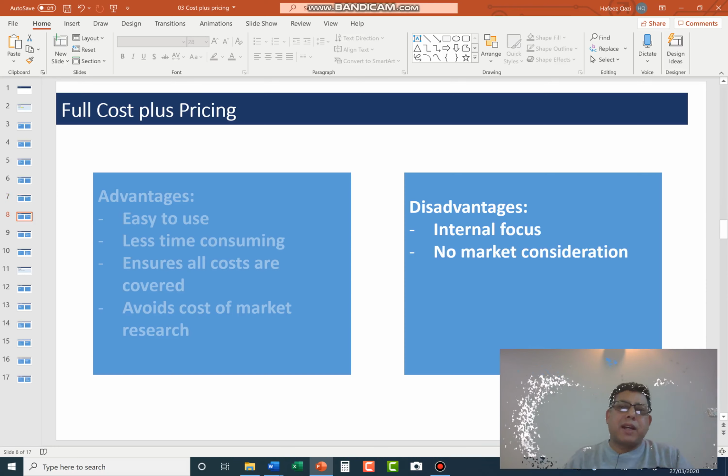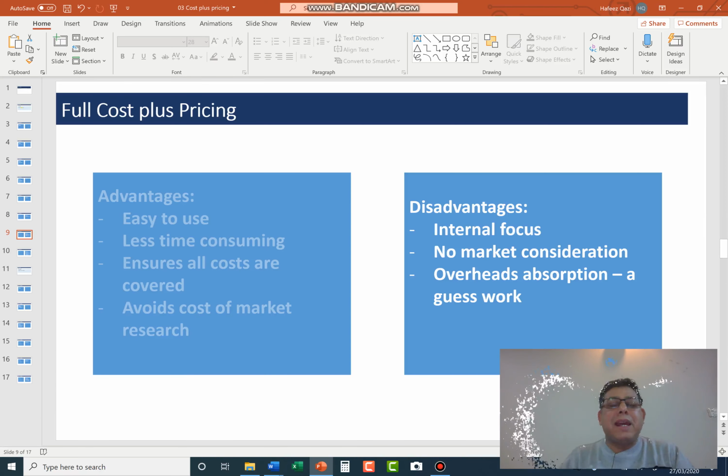There is no market consideration, so there is a huge risk that if we use the cost plus pricing technique, we may be ignoring the customers. We may charge a very high price, or we may charge a lower price, we don't know.